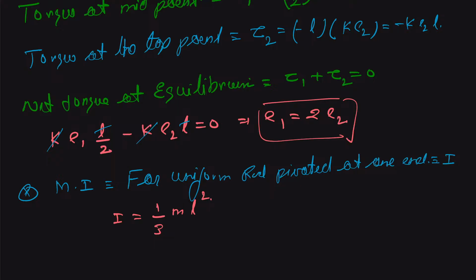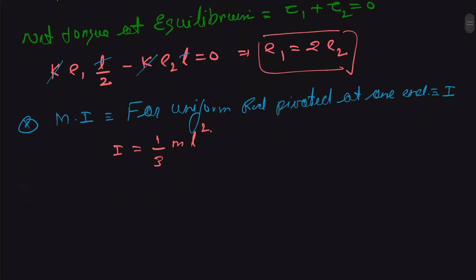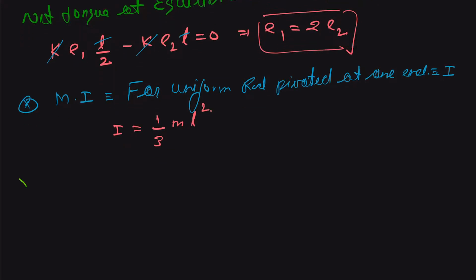So this is a standard formula, and we have to remember that it is only for small oscillations. Which basically means that we can approximate sine of theta as theta and cos of theta as 1. That approximation can be made based on the small angle theory.